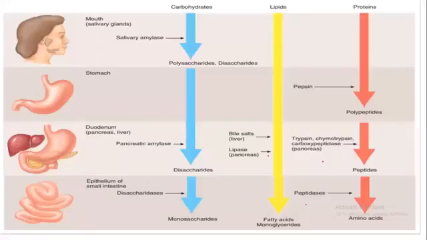Here we see the digestion of three major food substances. The first one is the digestion of carbohydrate. Here it only takes place in this part.